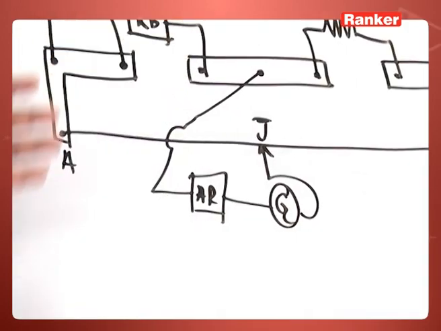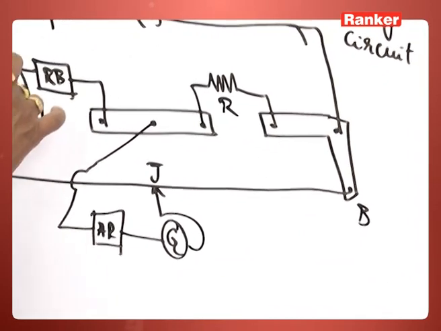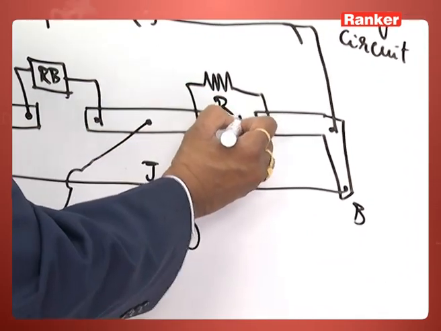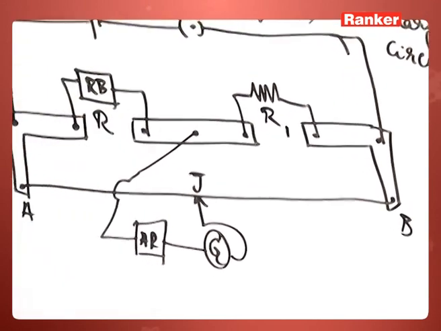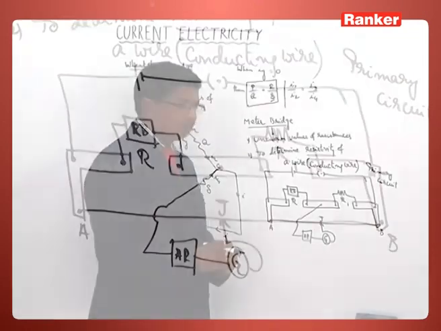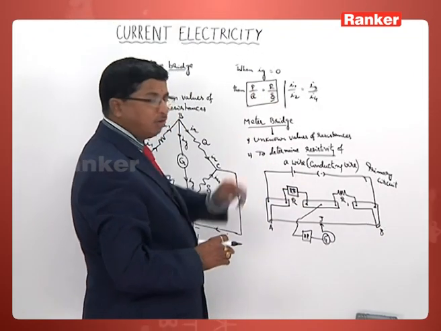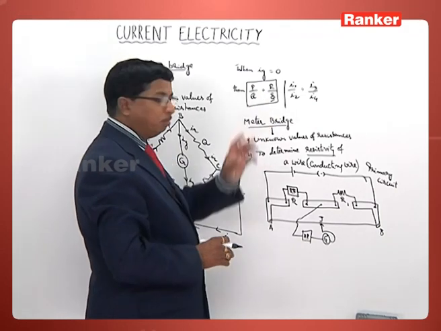Now what one has to understand from this is, if you take the unknown resistance as R1 and the known resistance as R, you can determine this value of R1 by the same application of the balancing condition of Wheatstone bridge.